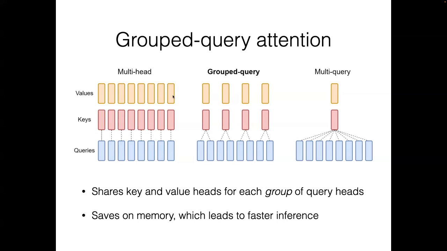What people noticed is that you can save some parameters and especially save memory accesses by reducing the number of keys and values. So here now you would have just 4 keys. And in some sense, each key would now correspond to 2 different queries. You just have half the number of keys and values compared to the queries. A really extreme case is you just have a single key head and value head, and this is called multi-query.